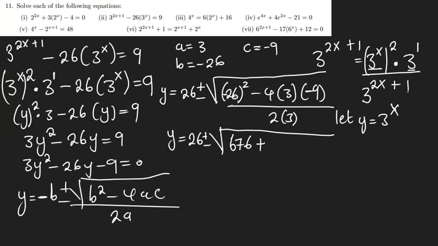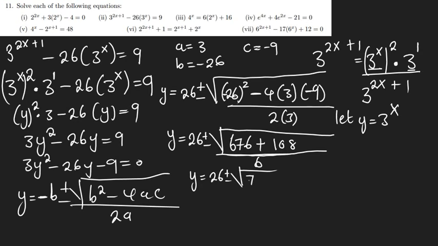Why a positive 9? Because they'll add here. That gives me 108, over 6. So 108 plus 676.